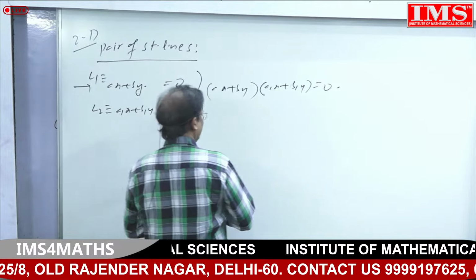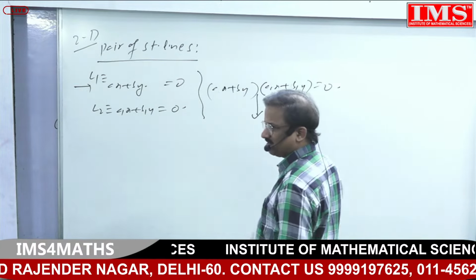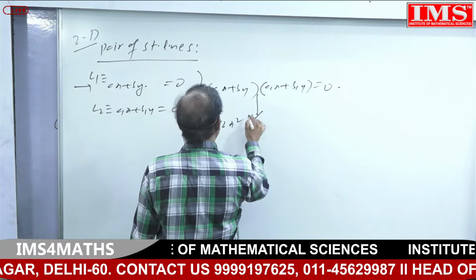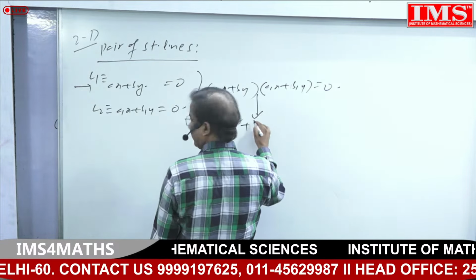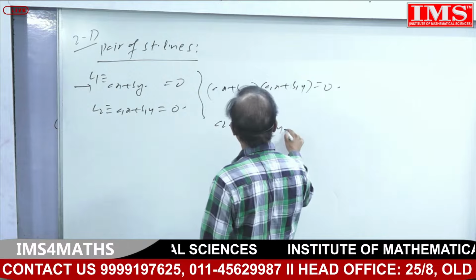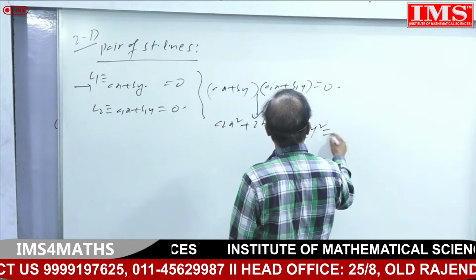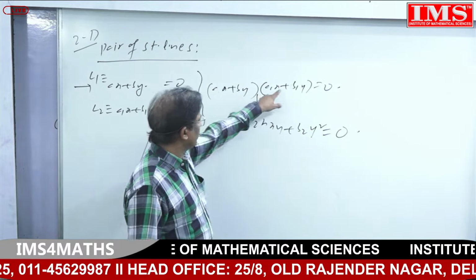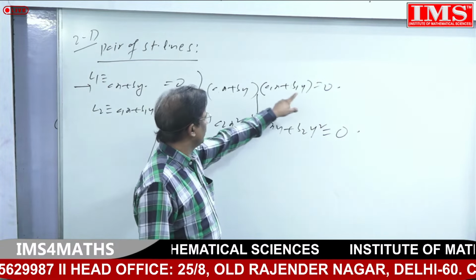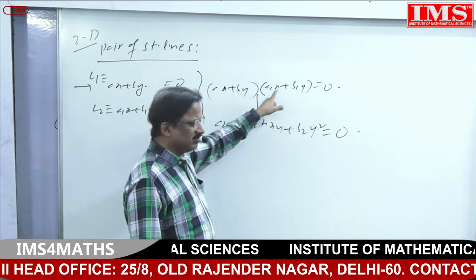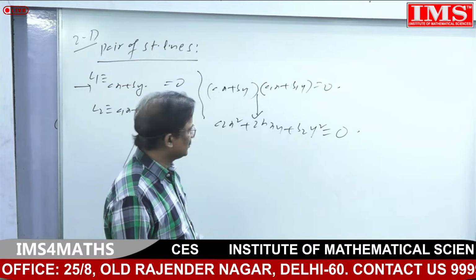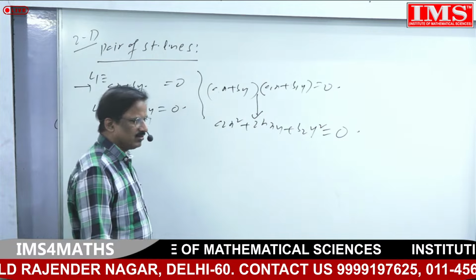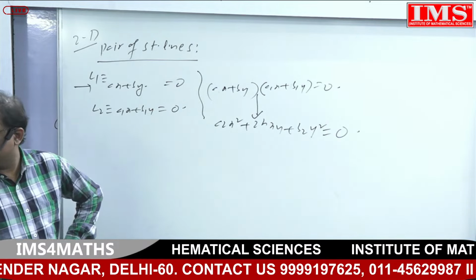Generally, it will give the form somebody was already writing: ax² + 2hxy + by². Do you get this form or some other form? This form only. You'll get an x² term, you'll get an xy term, and you'll get a y² term. So the form comes out like this. Observe it very well.